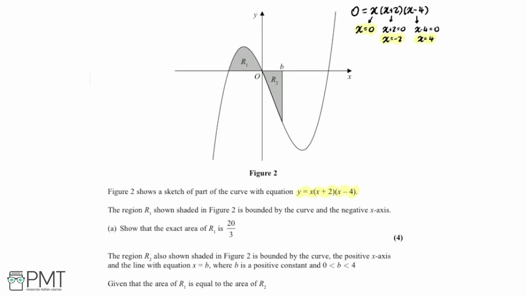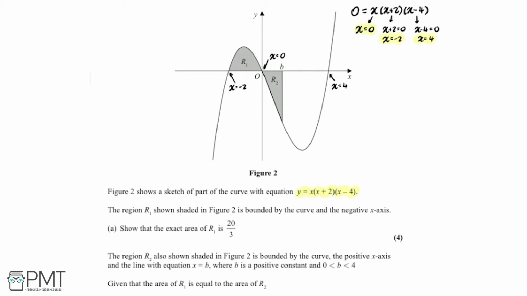So we can work out which ones those are on the graph. This one is x equals 0. This, because it's on the negative side, must be x equals minus 2. And this is the one that's left over, so that's x equals 4. Now to work out the area of R1, we're going to integrate between minus 2 and 0.